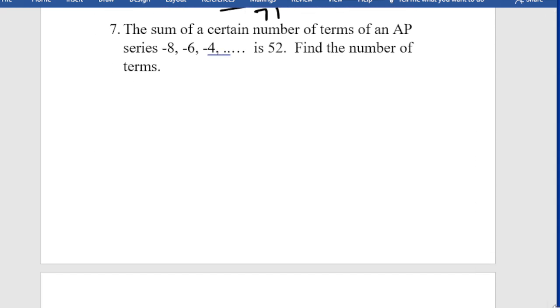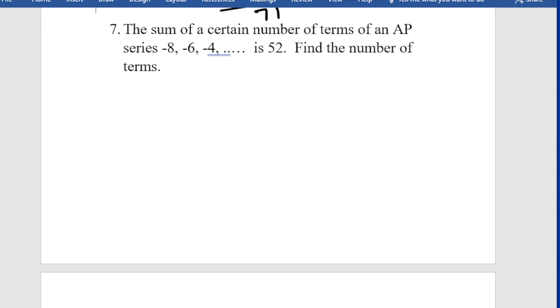The sum of a certain number of terms of an AP series minus 8, minus 6, minus 4, etc. is 52. Find the number of terms. So here also, as we did before, we can solve this problem. The sum is 52.